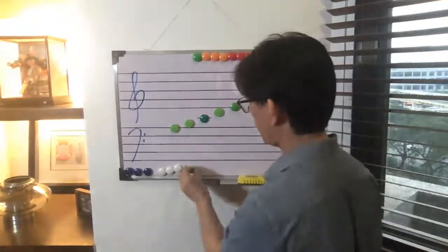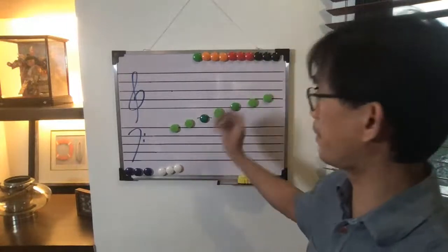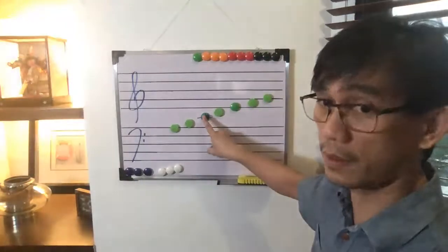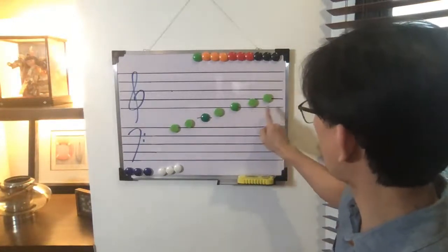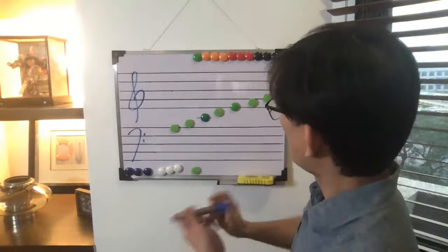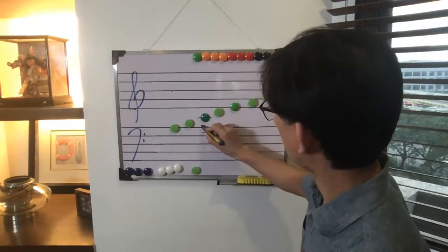Since we don't need the other one because that's our tonic, it's right there in the middle, we need only seven tones: 1, 2, 3, 4, 5, 6, 7. So this is called the tonic.